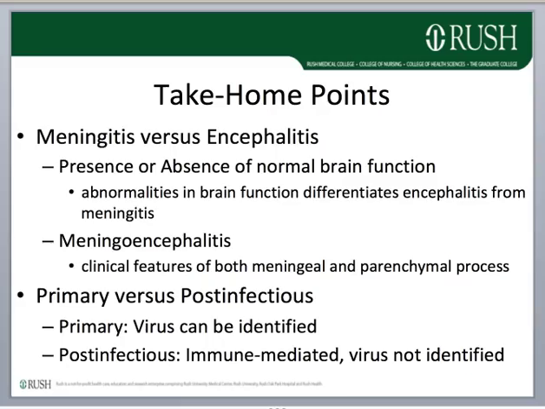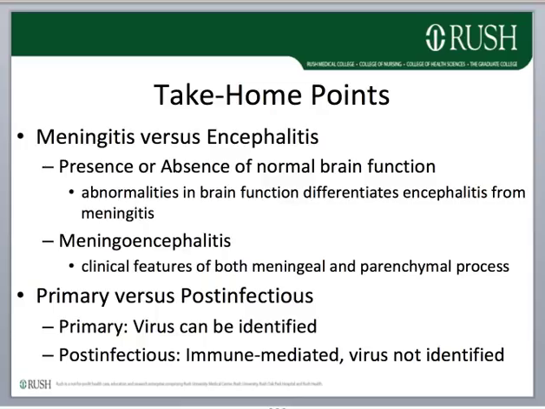In CNS infections, we have to distinguish between meningitis and encephalitis, and this depends on the presence or absence of normal brain function. Abnormalities in brain function are what differentiates encephalitis from meningitis. Meningoencephalitis describes patients who have clinical features of both meningeal and parenchymal processes.